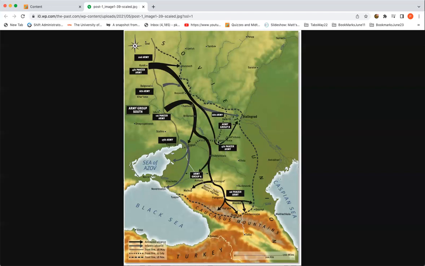And what he does is he takes the Fourth Panzer Army, the tank part of the thrust against Stalingrad, and he orders it into the Caucasus, where he thinks that it's needed.